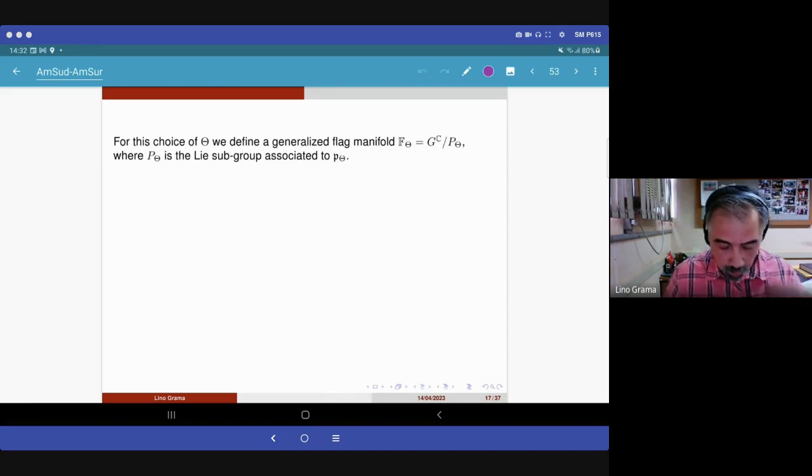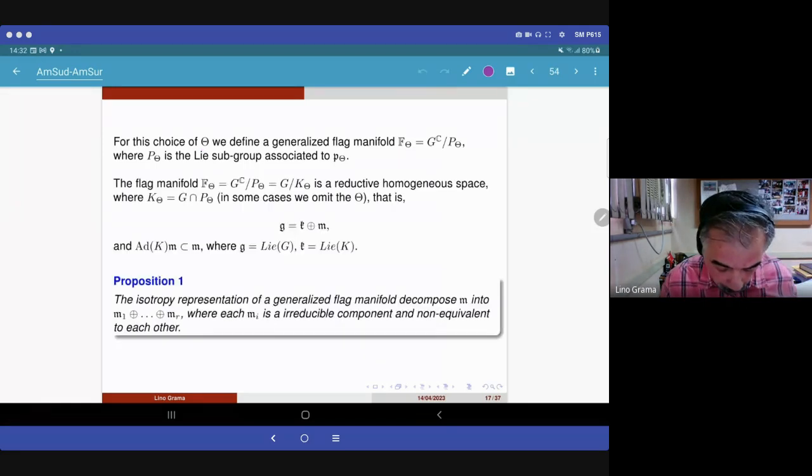And for the choice of theta, we define the generalized flag manifolds associated to theta. It's just this coset space. Just to mention, the flag manifold is a reductive homogeneous space.